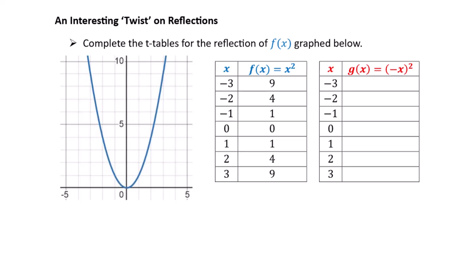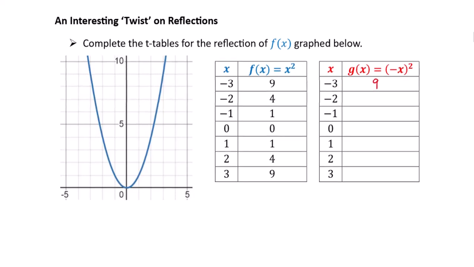I have here the graph of f of x equals x squared, and I want to graph onto that the function g of x equals negative x in parentheses squared. So let's fill out the table. If I put an input of -3 here, it would make this the opposite of -3, which is +3, squared is 9.